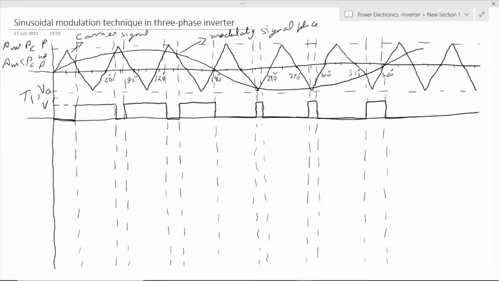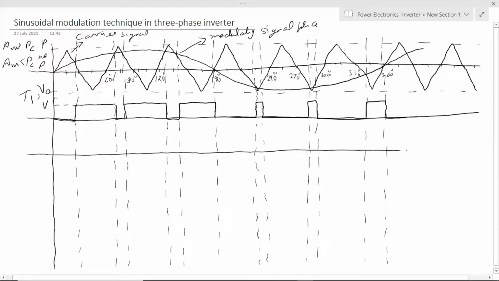To generate pulses for T3, the B phase, we will need a different modulating signal. That modulating signal will be lagging phase A modulating signal by 120 degrees.